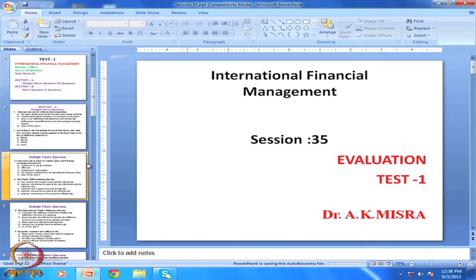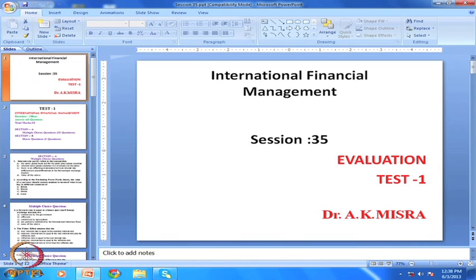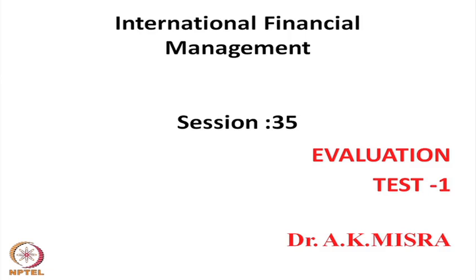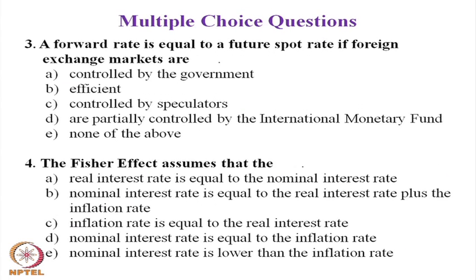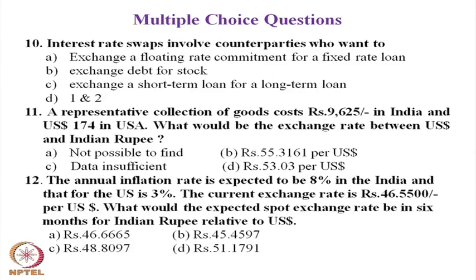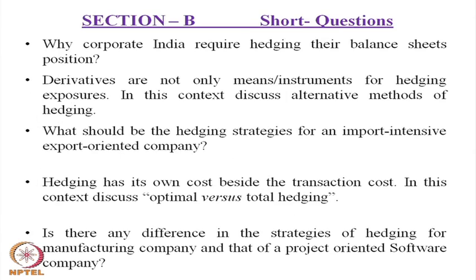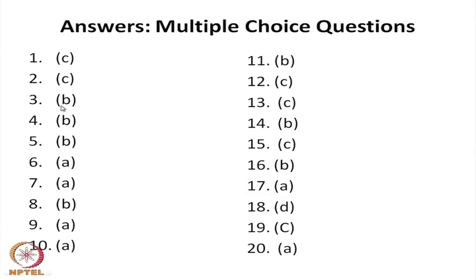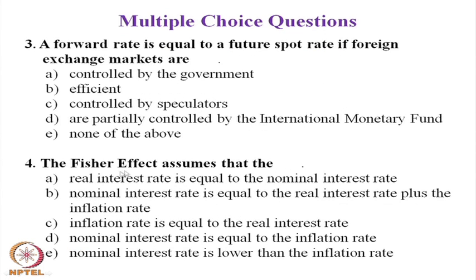In case of question 4, the question is: the Fisher effect assumes that. The Fisher effect, the international Fisher effect, we discussed in earlier sessions. Question number 4, answer is B. So, the Fisher effect assumes that nominal interest rate equals the real interest rate plus inflation rate.